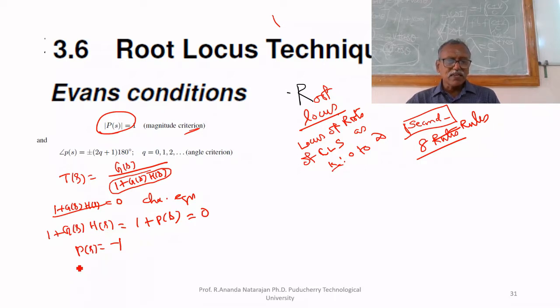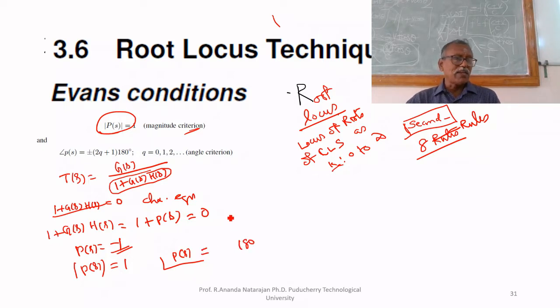Or we can say that modulus of P of s equal to 1 and angle of P of s. So we can separate this minus 1 into two parts: one is magnitude, another one is angle. Minus 1 means 180 degrees. Therefore, angle of P of s equal to 180 degrees.